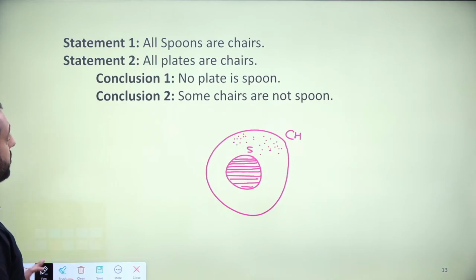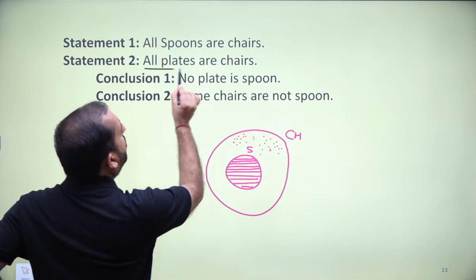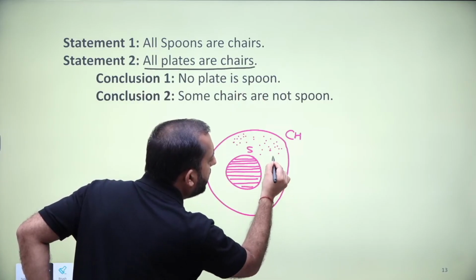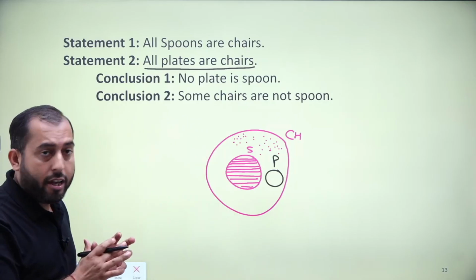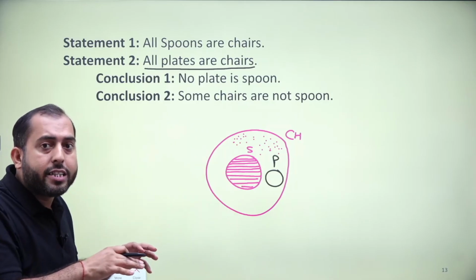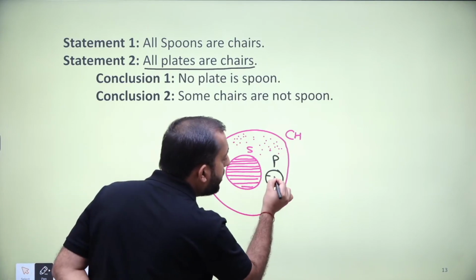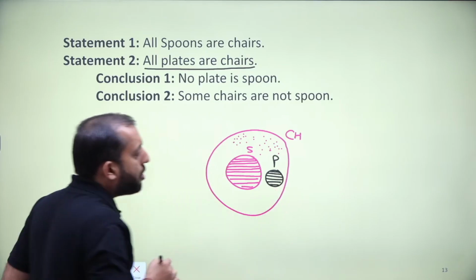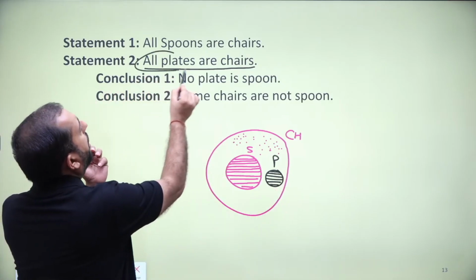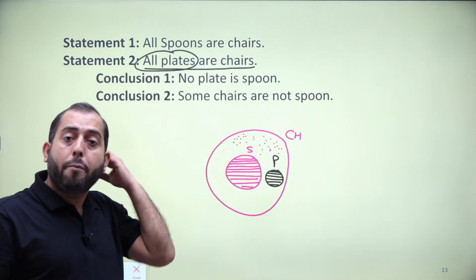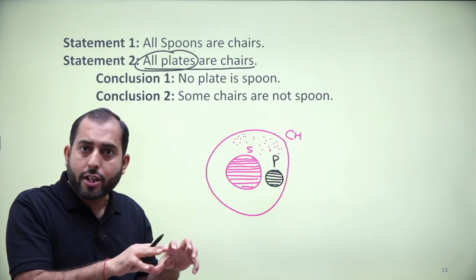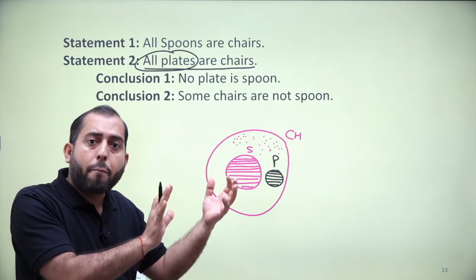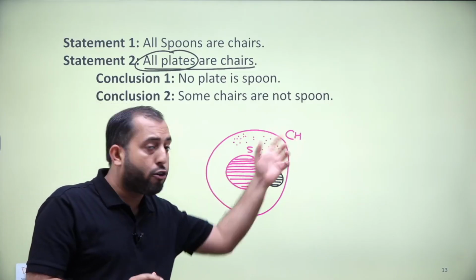Now all plates are chairs, so plate should be drawn inside the chair like this. Entire plate should be drawn inside the chair. So the entire plate is one more definite reason for chair, because all plates are chairs, so every plate will lie inside the chair. So the entire region under the plate should be a definite reason for chair also.